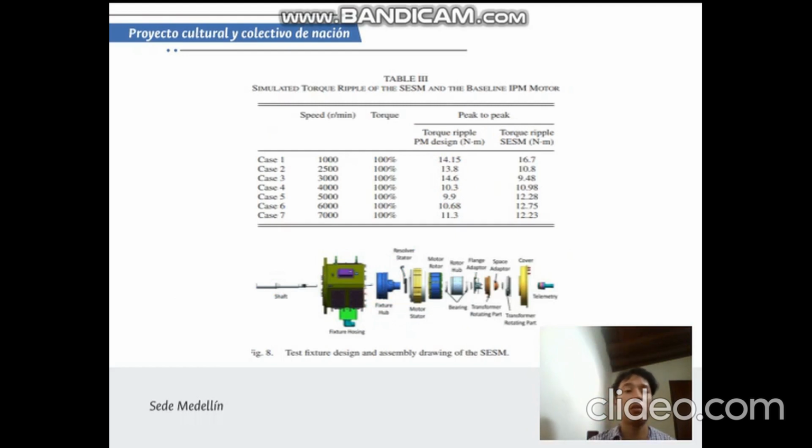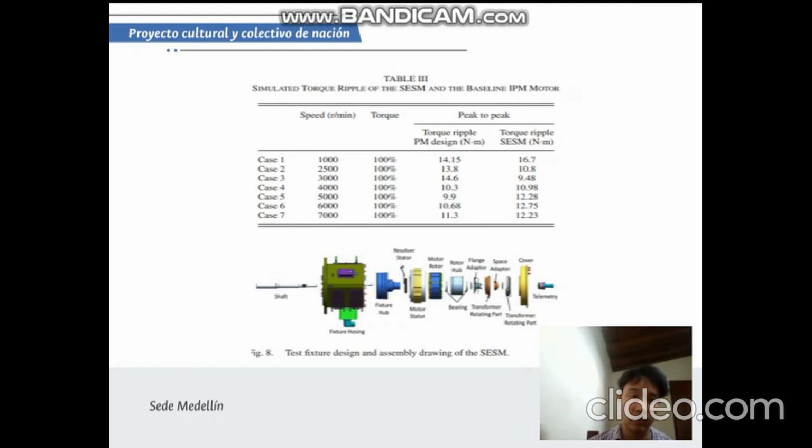For the electrical machine simulation, Table 3 presents the results of the SE-SM torque simulation and a comparison with the PM engine with the SE-SM design. As indicated in the table, a similar torque performance is achieved.